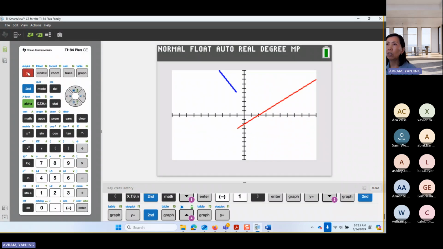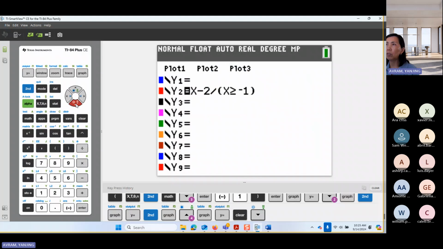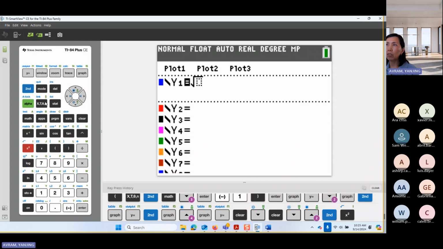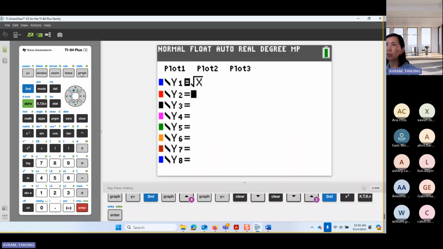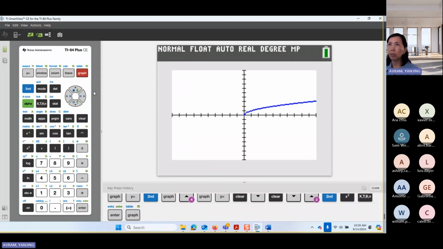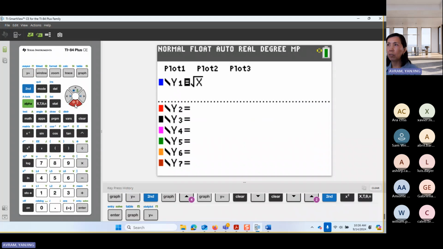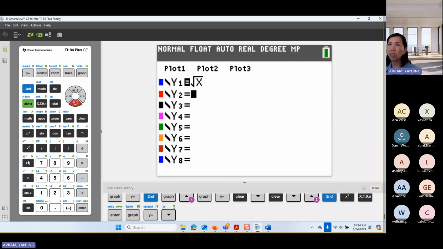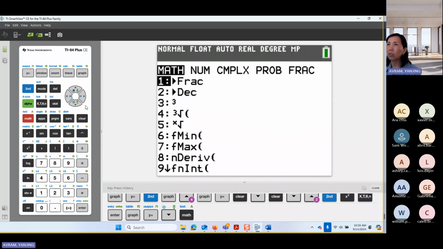So let's go to the calculator to see how the cube root looks. You can have a square root, right? We graphed it earlier. That's the square root, okay? And then we're going to have a cube root. The cube root here, you have to go to math, and then there's a cube root right here. Okay, this is any root.